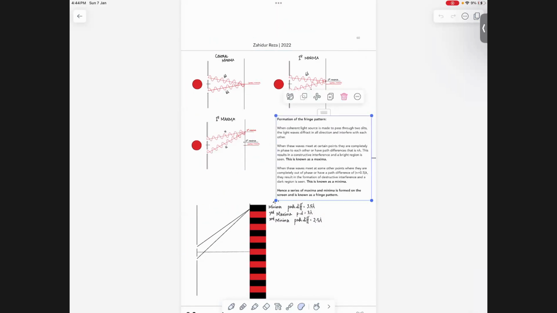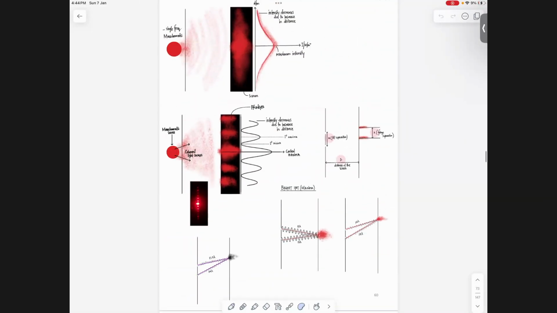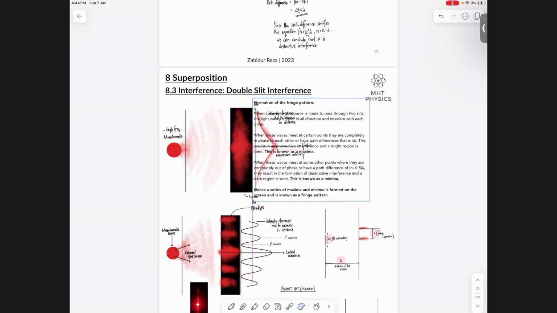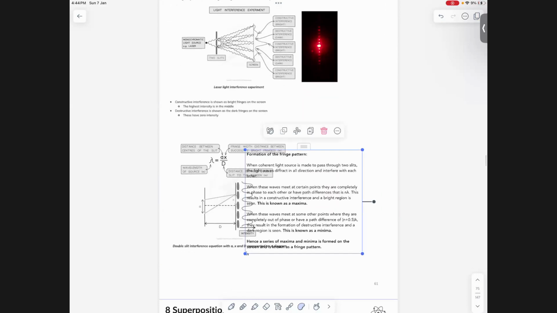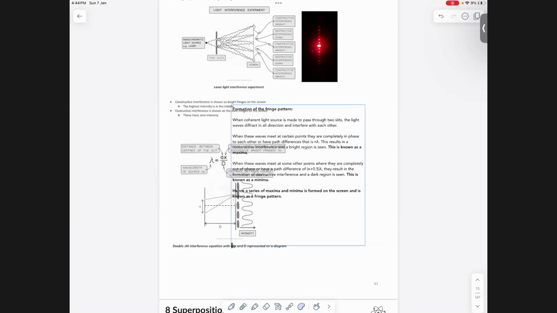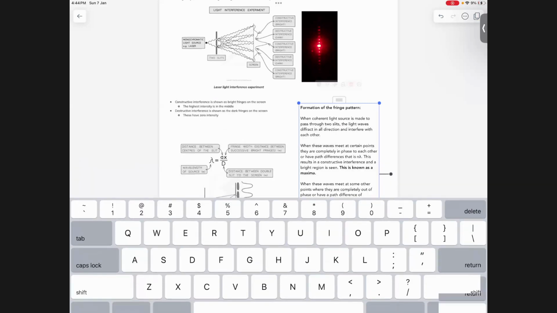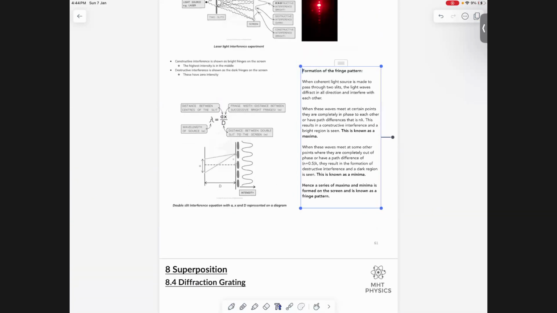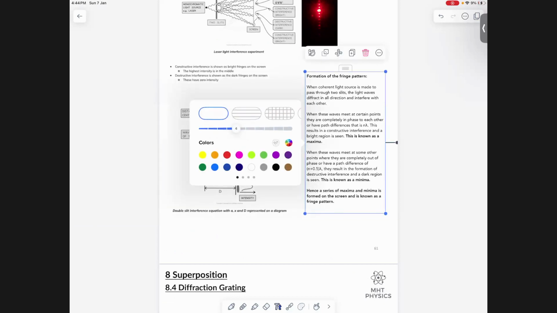This is the fringe pattern formed by that. Right.